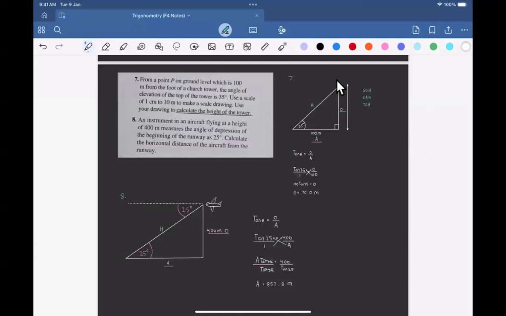I need to draw my diagram. All right, don't worry. Nicholas, that would be wrong.